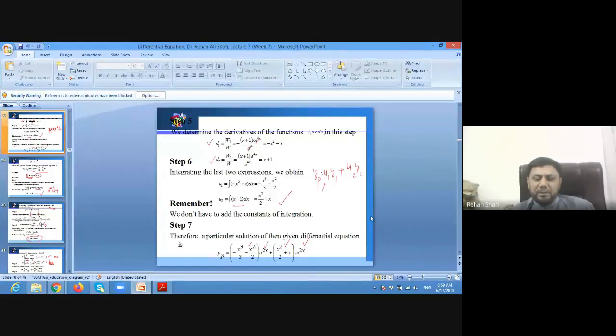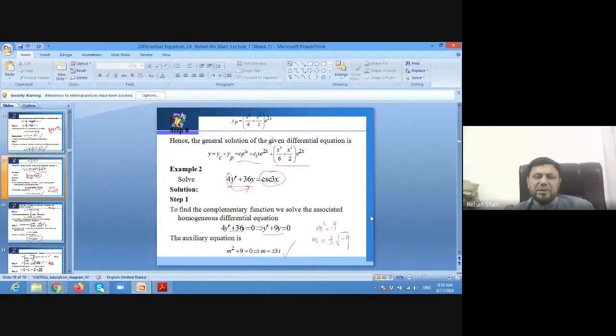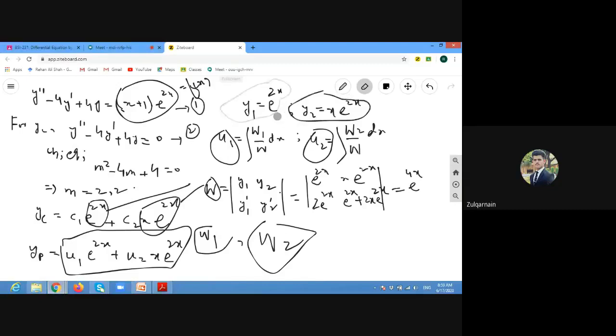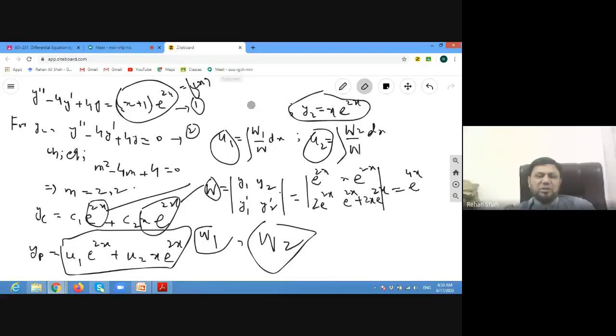Now this is another example. Example 2. What will be its characteristic equation? What will be YC? Let me write it here.